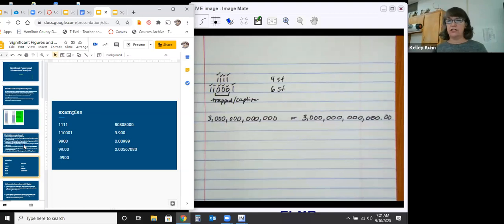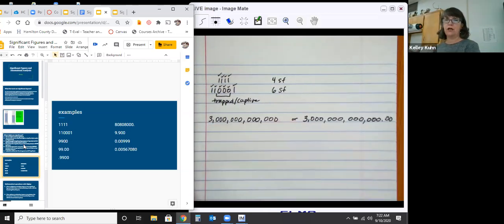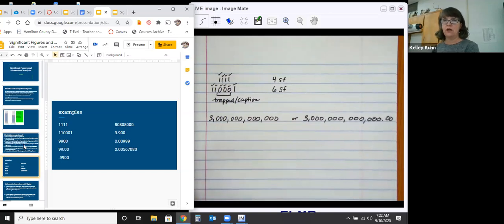Most of us understand that when somebody uses a number like 3 trillion, it's probably not exact down to the penny. Instead, it's probably something like 1,298,563,222, something like that. So when we see all of these zeros, they're simply placeholders helping us understand this is a huge number.